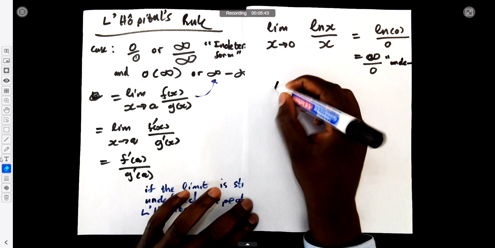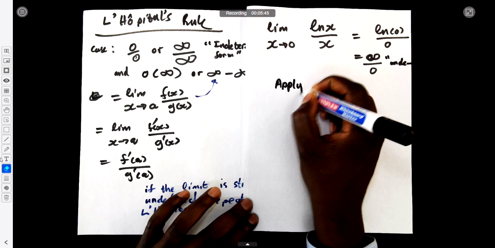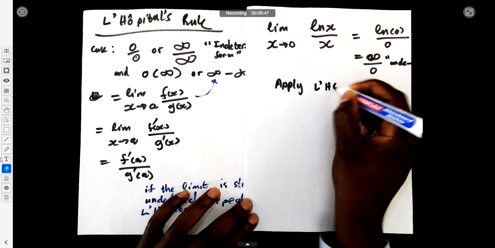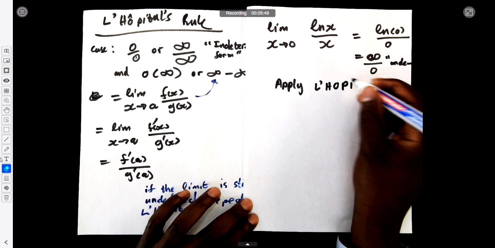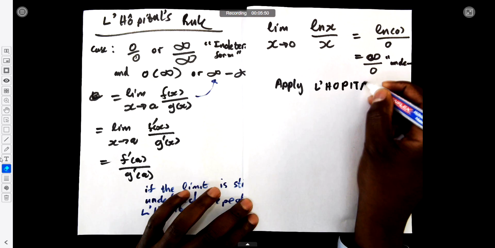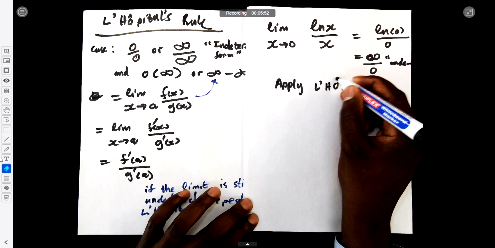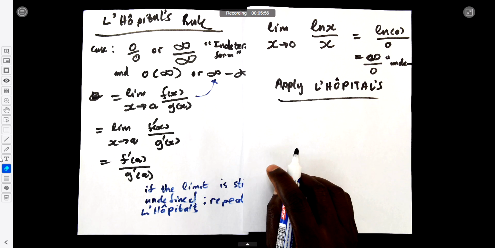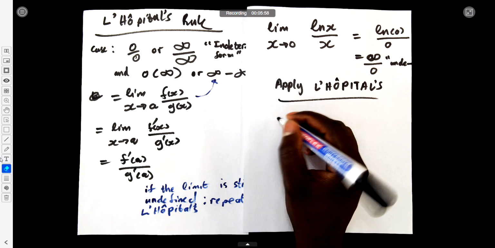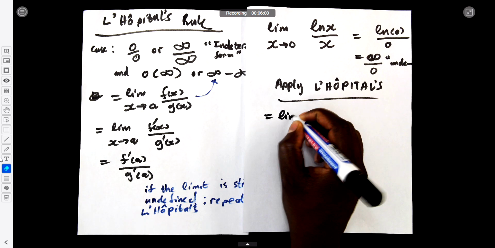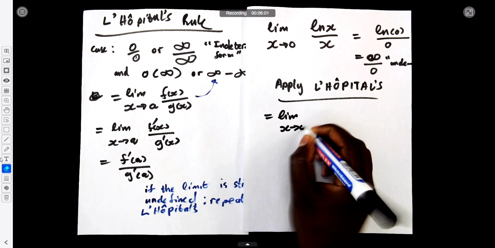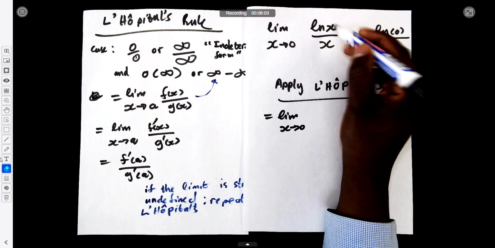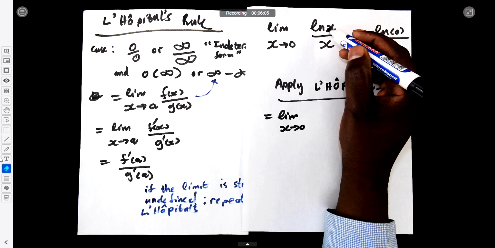And therefore, we state that we are applying L'Hopital's rule. Now applying L'Hopital's rule, limit as x approaches 0, we have to differentiate ln x independently, the numerator.